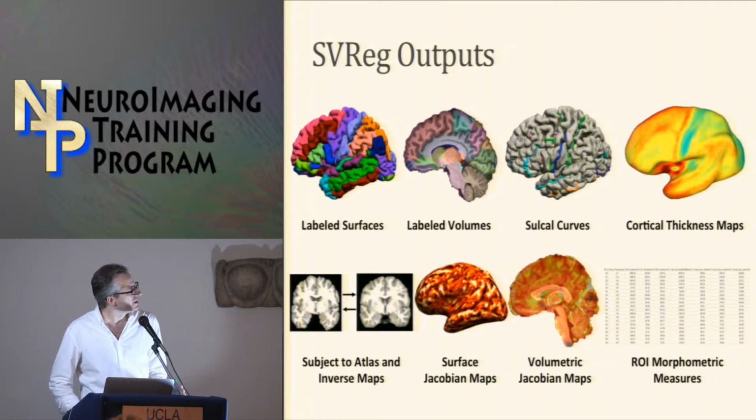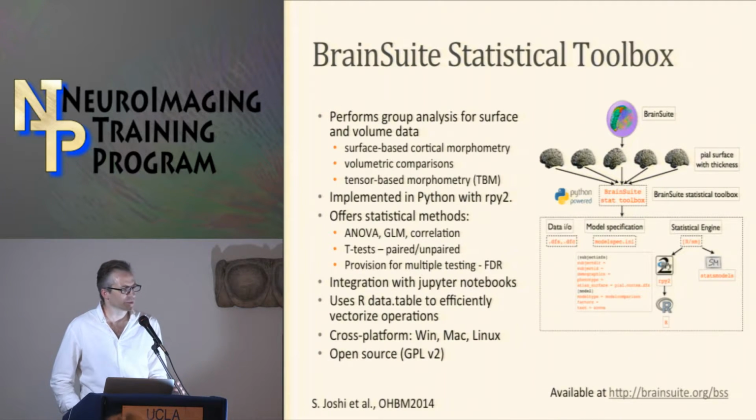As I mentioned earlier, we do have a statistical toolbox that's written in a combination of R and Python that provides a lot of the facilities for doing group analysis. This is an ongoing development, and at the moment we have a number of statistical methods in there.